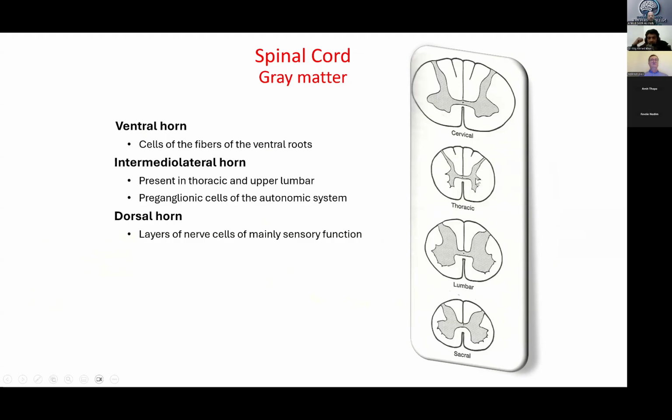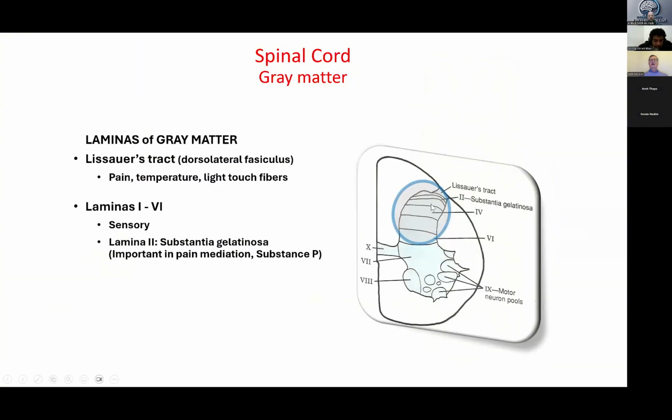This is the intermediolateral horn, and there are laminas of gray matter. In fact, these laminas were described for the cat's spinal cord, but they are also used in the human spinal cord. There are 10 such gray matter laminas.